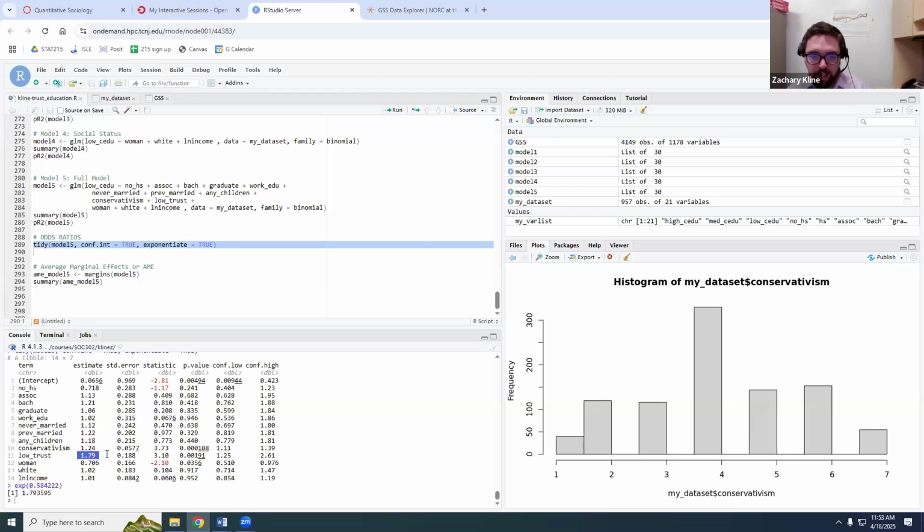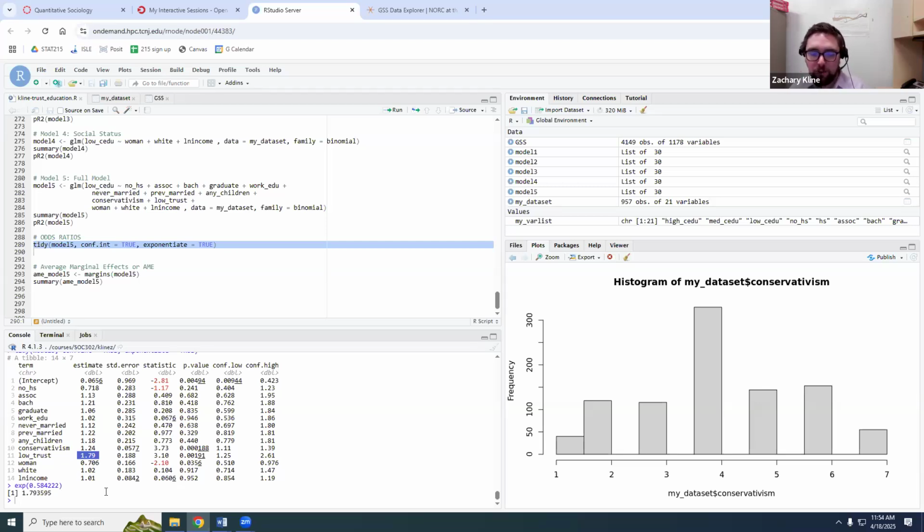What we could say is that relative to those who do not have low trust, those who do have low trust are 79% more likely to say that they have low confidence in education. Now, this isn't an absolute difference, right? It's not like 80% for those with low trust and 20% for those without low trust. It's a change in the relative probability.